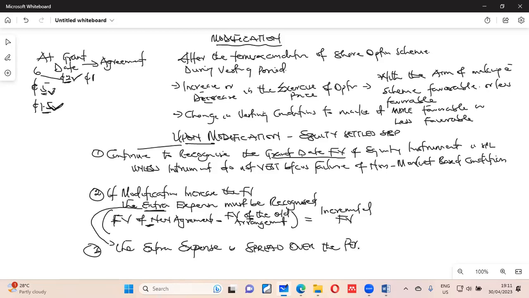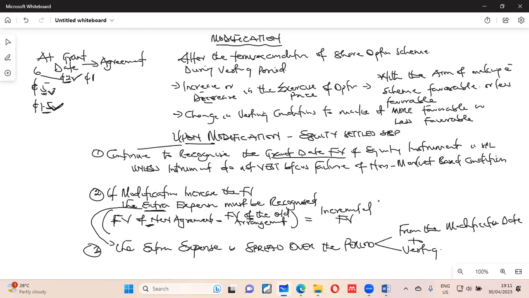The period I'm talking about is from the modification date, the day they did the modification, to the vesting date.